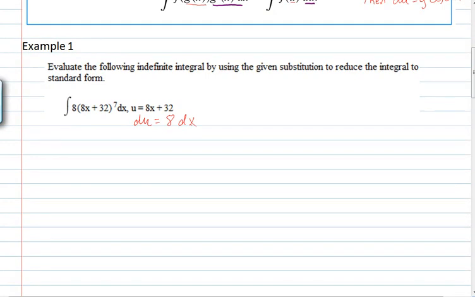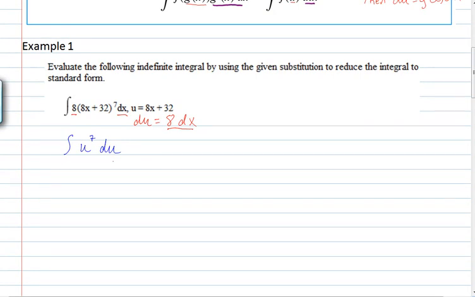There's your differential. And look at what we have, there's our 8 dx. So when I rewrite this problem with the substitution, I get the integral of u to the 7th du, because I had all the parts necessary for my du. Du is 8 dx. There's the 8, and the dx got swapped out for the du.